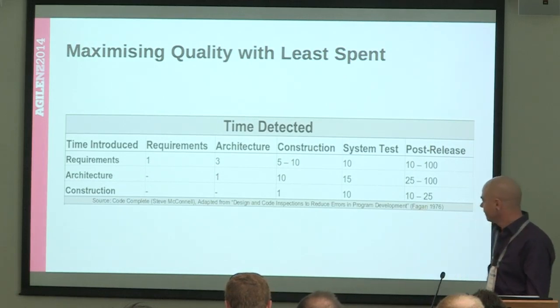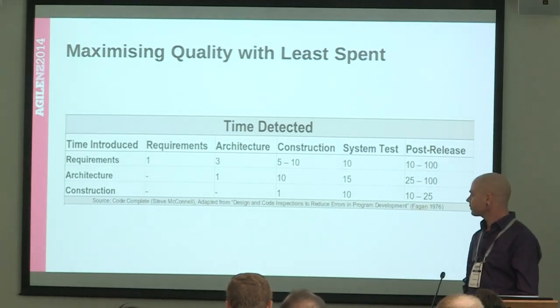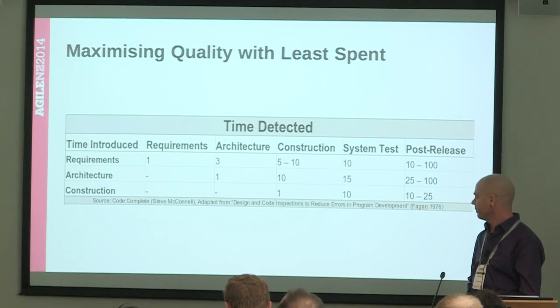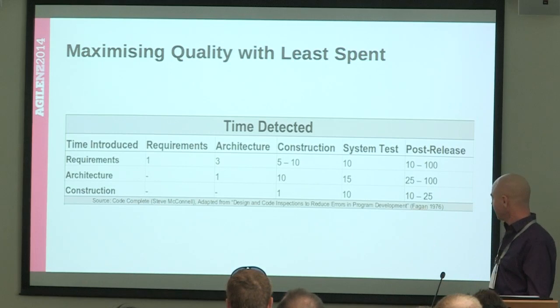So this chart here just shows basically the time that your defects are introduced versus the time when they're detected, and the cost differences. This is taken from Code Complete.